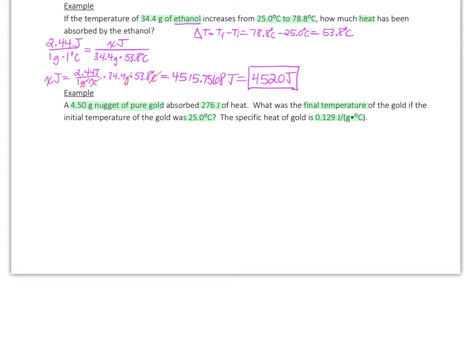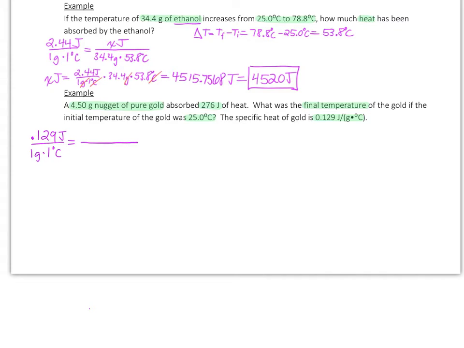The difference in this problem is that we're going to be looking for just the change in temperature and then the final temperature. So let's use our energy constant. 0.129 joules for 1 gram times 1 degree Celsius.